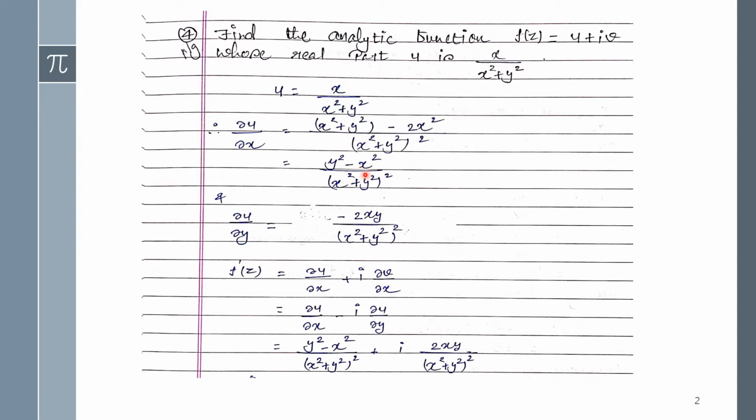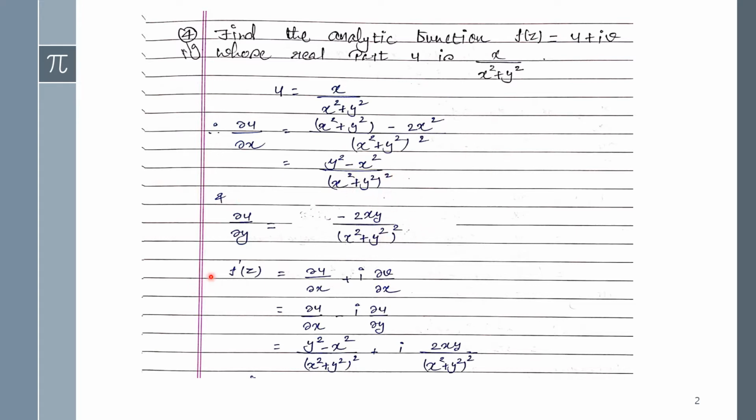I'm not going to explain this differentiation, because I hope you know very well how to differentiate by the multiplication or the division rule. The same you have to apply for u with respect to y. I've directly written here the derivative of u with respect to y, and this one you have to do on your own.